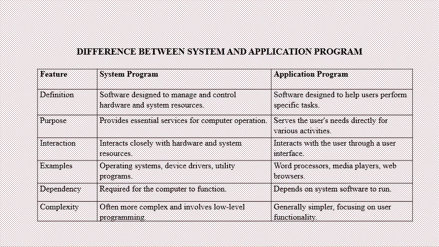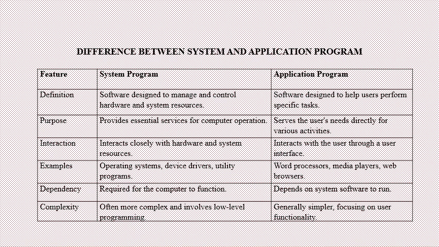So the interaction: system programs interact directly with the hardware and the system resources, while application programs interact with the user through a user interface. Yes, the buttons to click and so on and so forth. Dependency: the system programs are required for the computer to function.